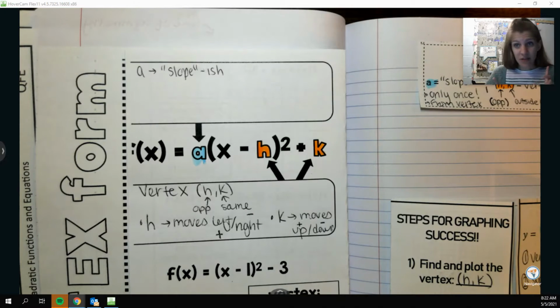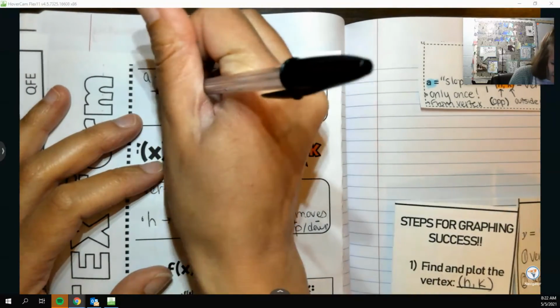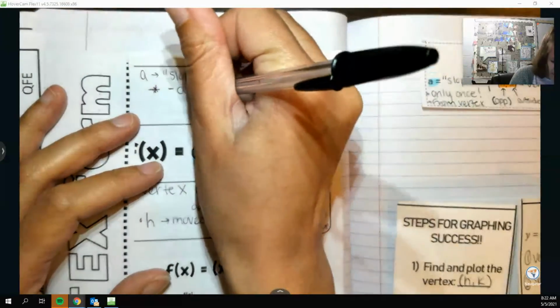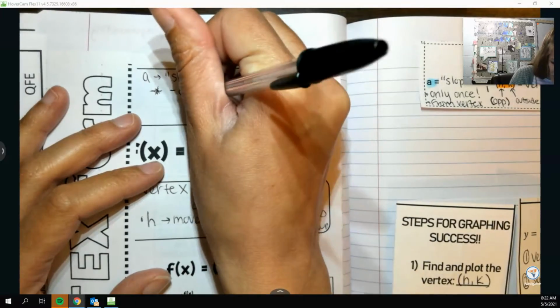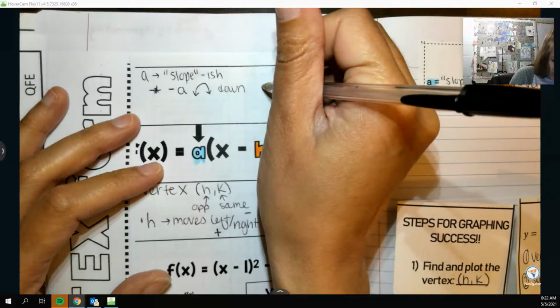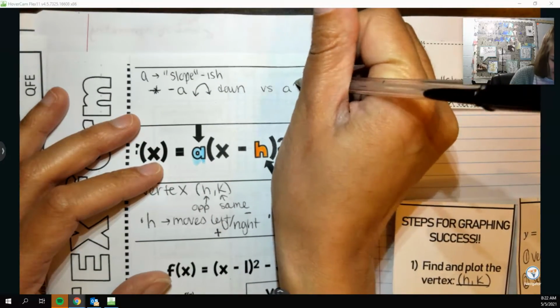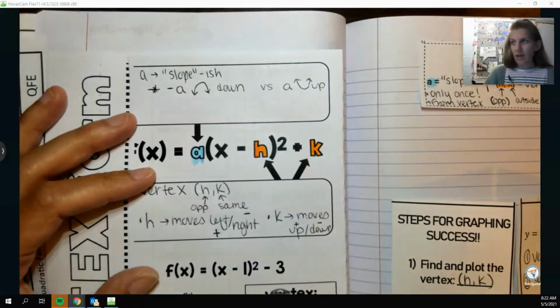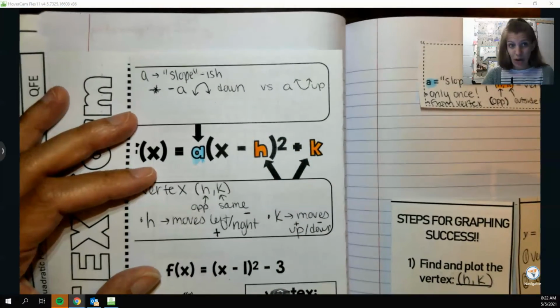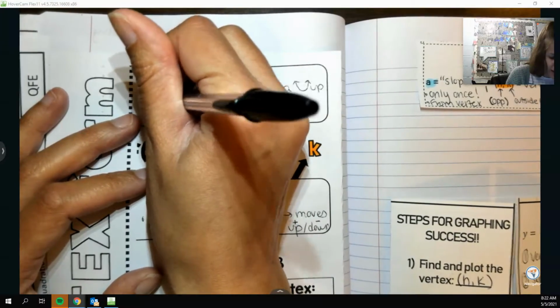But the things that it does to the graph is, like, if A is negative, it makes my graph point downwards, versus if A is positive, then my parabola points upwards. Okay, so that's super helpful in understanding the shape of my graph.